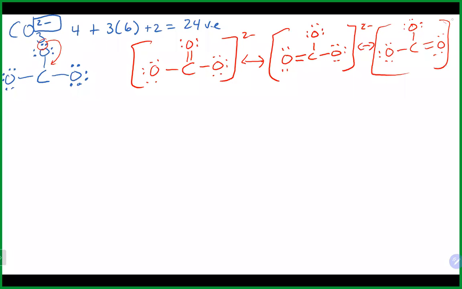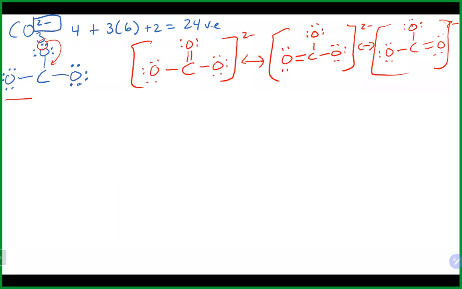So once again, like the nitrate, we could draw 3 resonance structures for carbonate. And again, if you were just asked to draw a Lewis structure, you could lay up any one of the 3 pictures, you're good. If you were asked to draw all the resonance structures, you should draw all 3 of those pictures. Any questions on that there?